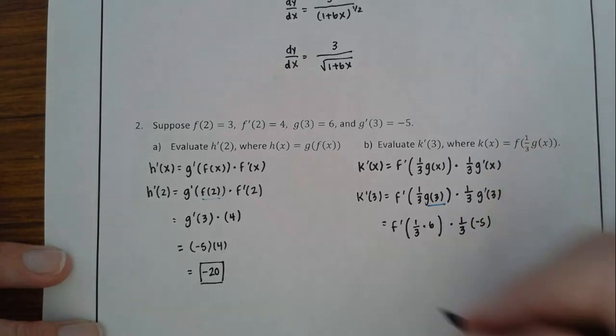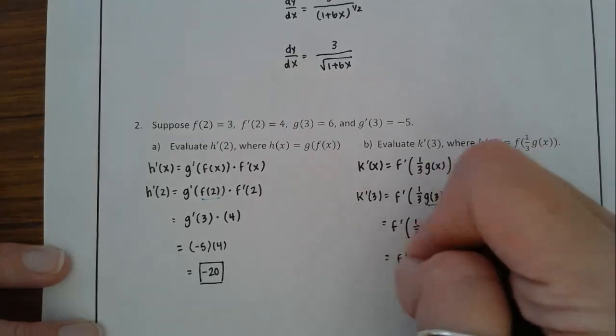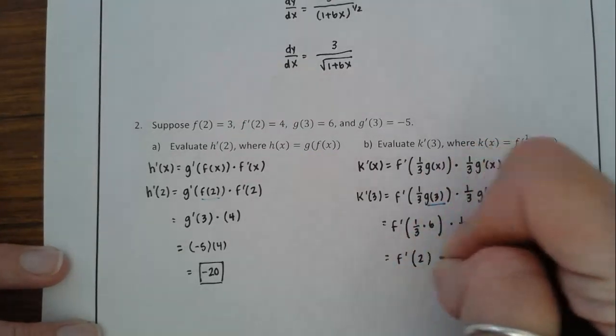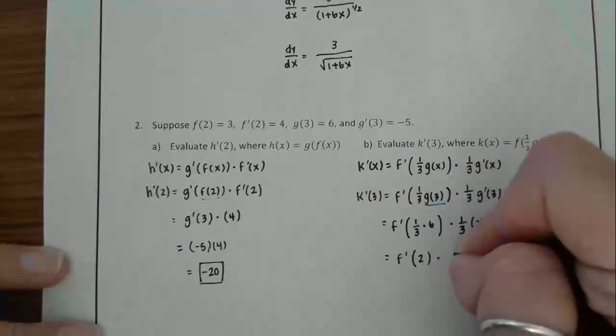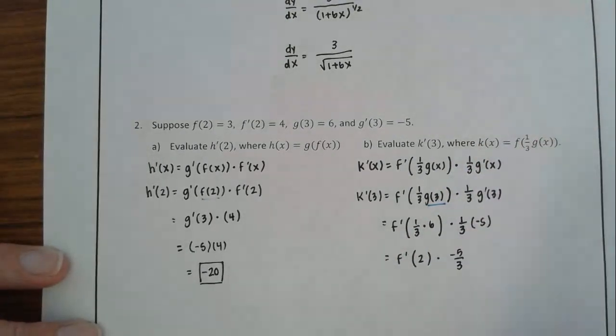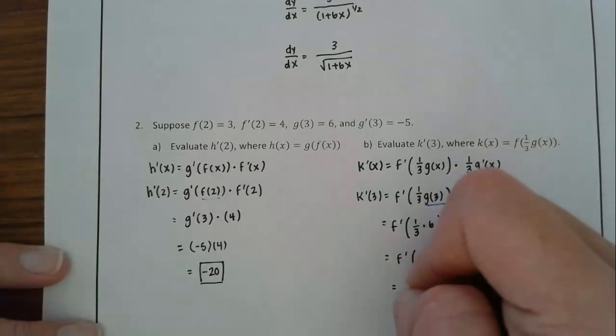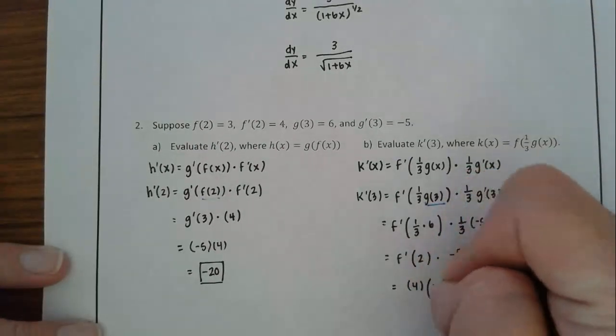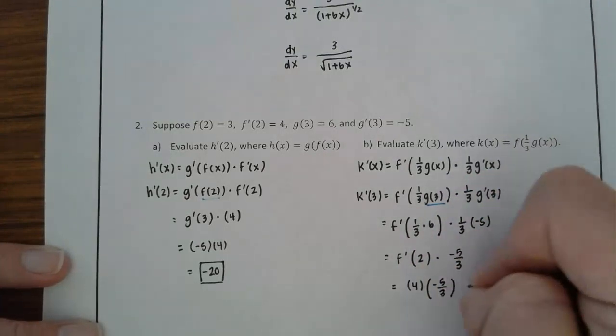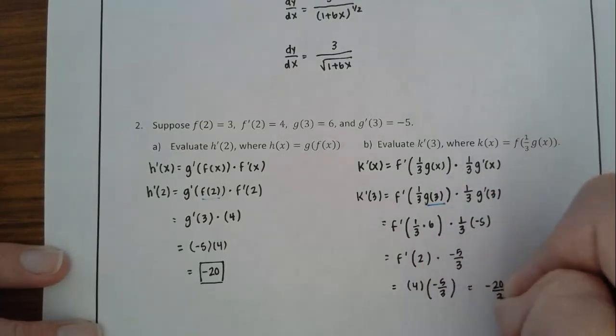If I clean that up a little bit on the inside here, 1/3 times 6 is 2. And then I'm multiplying that by negative 5/3. F prime of 2 is 4. Multiplying that by negative 5/3 is going to give me negative 20/3.